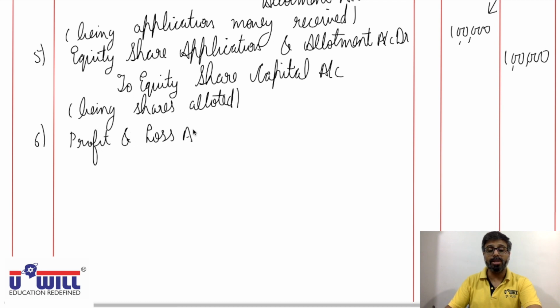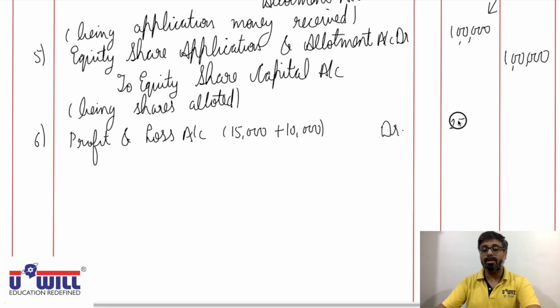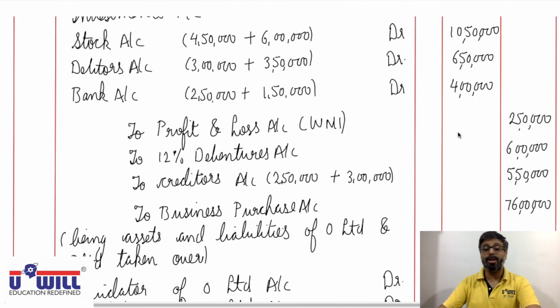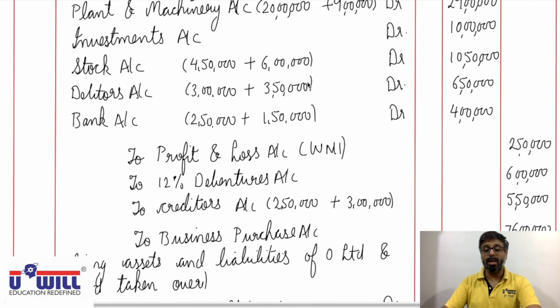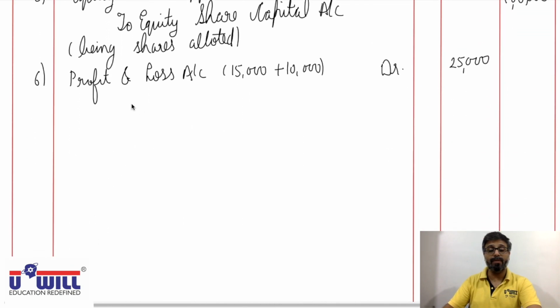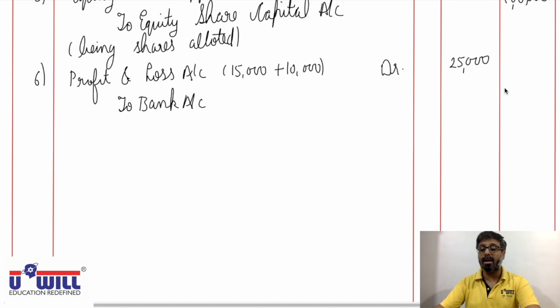Okay, profit and loss account debit as liquidation expenses and expense, debit all expenses and losses. 15,000 plus 10,000, 25,000. Okay, you all can see once again here, 15,000 of O Limited, 10,000 of P Limited. What are the total liquidation expenses? 25,000. Bank is the giver, credit the giver to bank account 25,000.